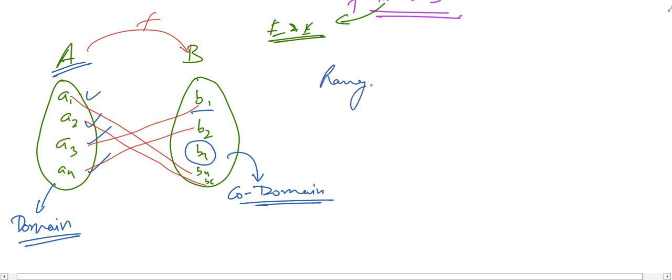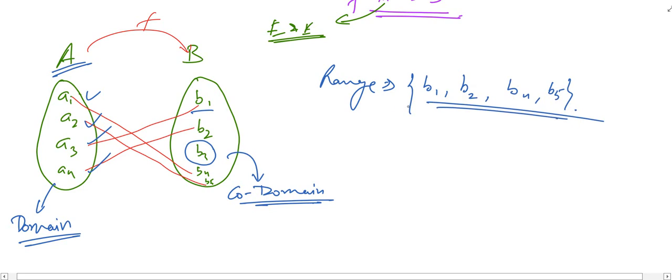Range and codomain are different things, and range is a subset of codomain.